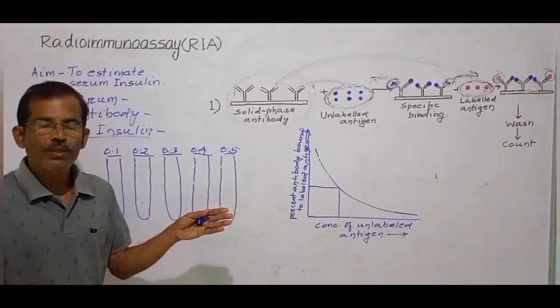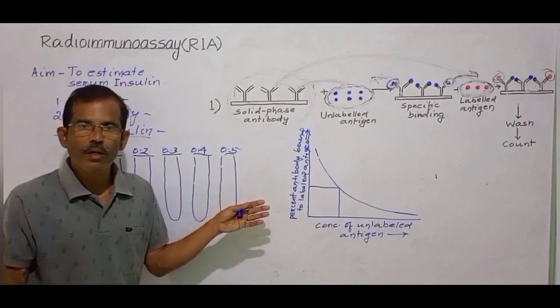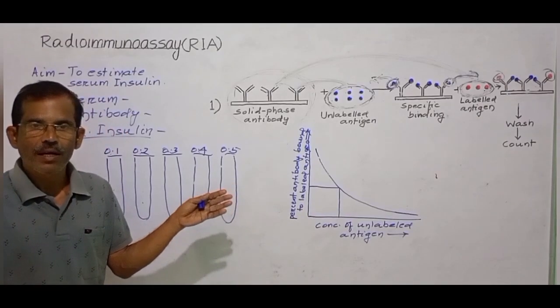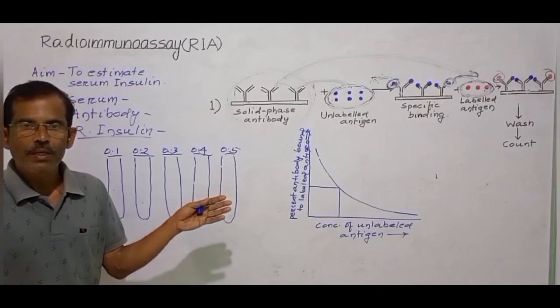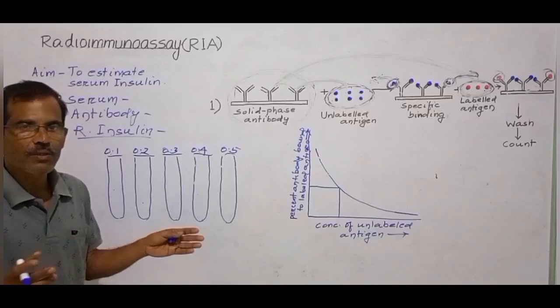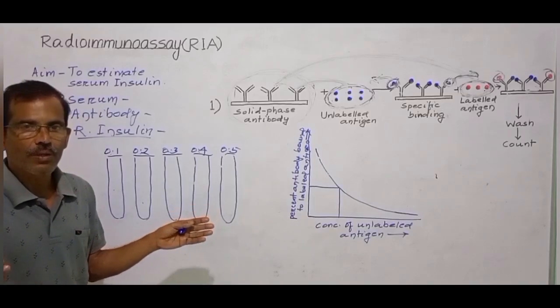After incubation for a predetermined period, the unbound antigens are washed off and then the radioactivity of the bound antibody in all those test tubes is measured by a gamma counter.